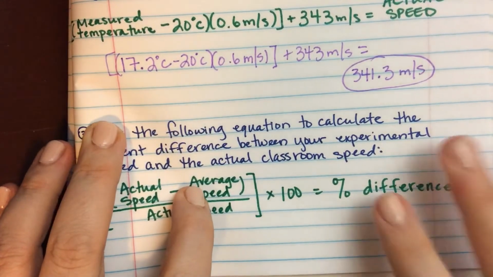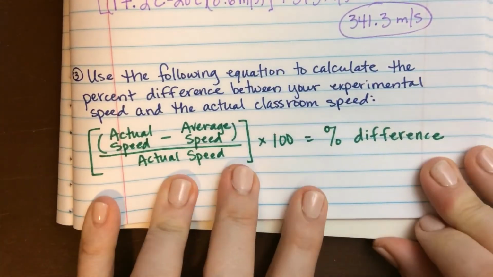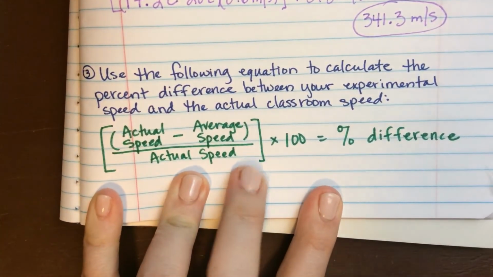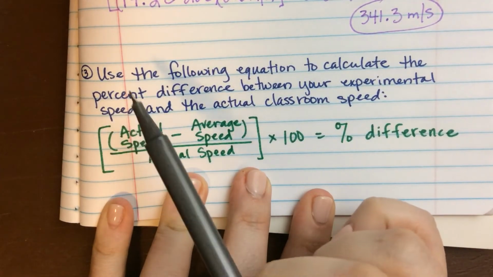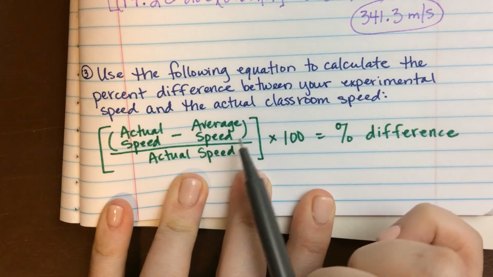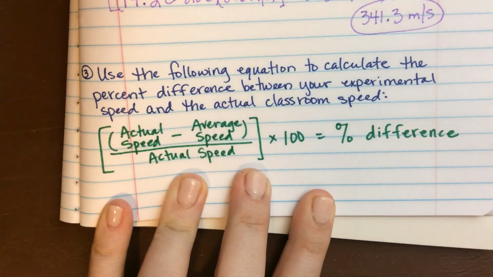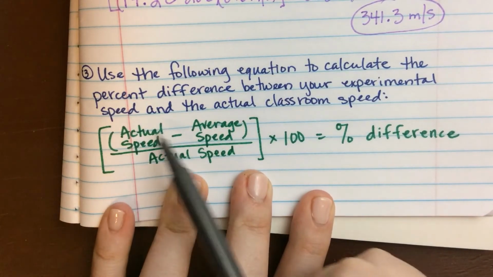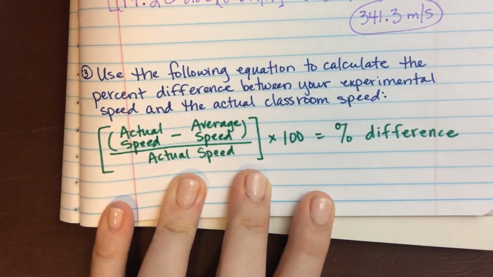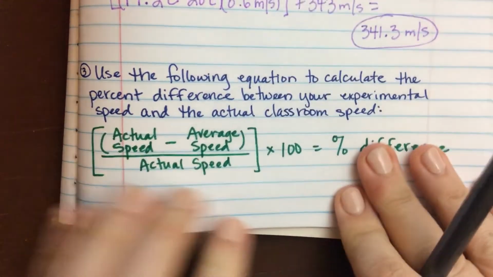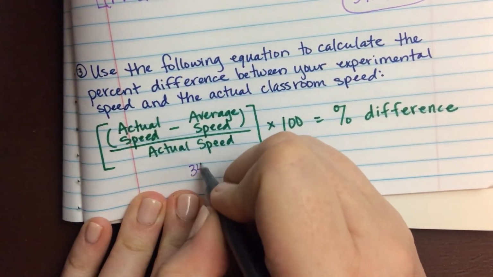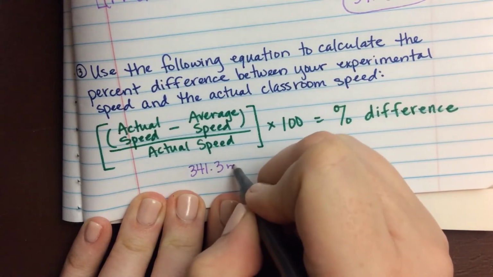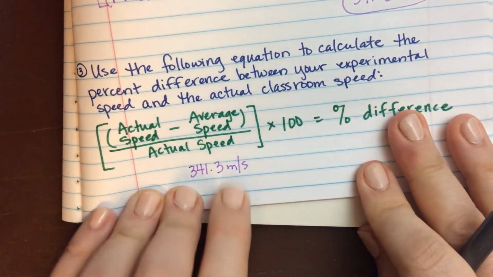So let's do this last one. Let's find the percent difference between the experimental speed, which is what you got for your average speed of sound back in your data chart, and the actual speed based completely on the actual temperature in the classroom. The actual speed is whatever you got here for number 2. In my case, that's 341.3 meters per second.